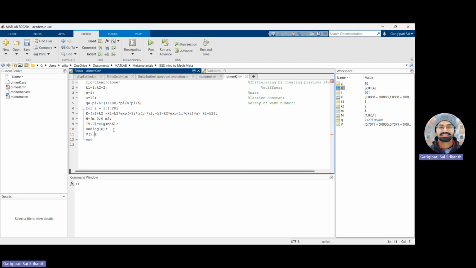Like the dynamic equation was written in terms of displacement coordinates, so eigenvectors will give you the mode shapes. So eigenvectors are useful for mode shapes and also, later we'll see, for the topological characterization of systems.